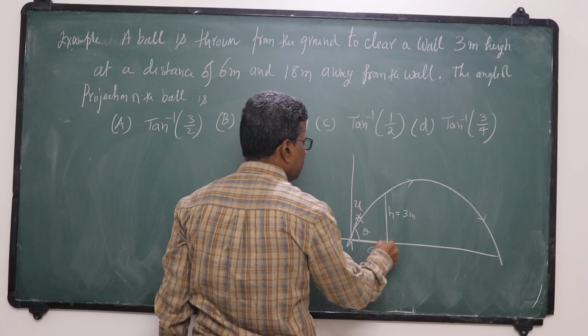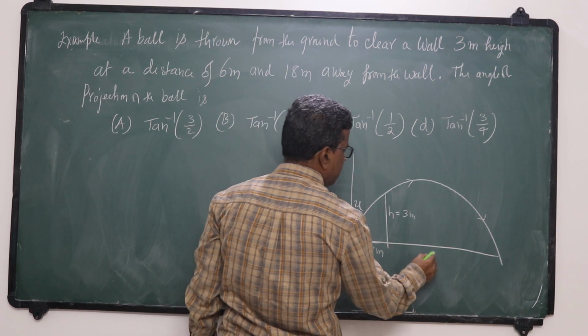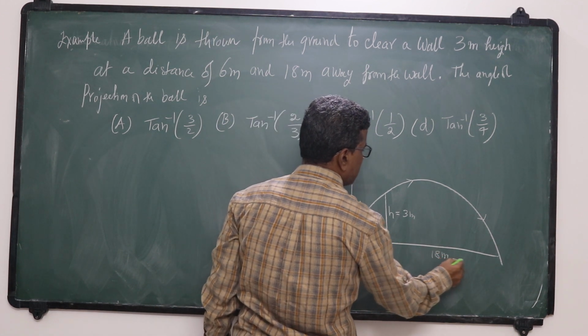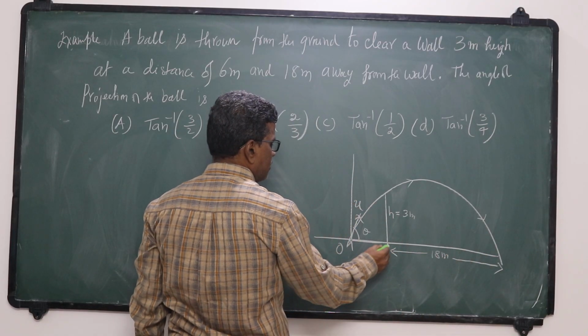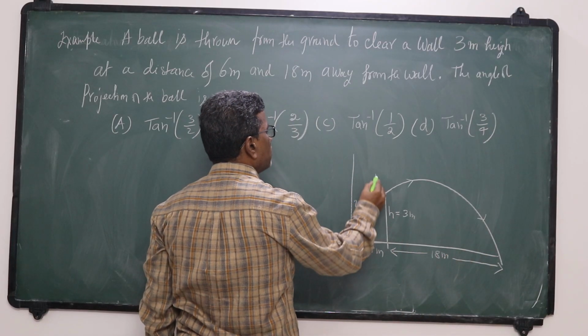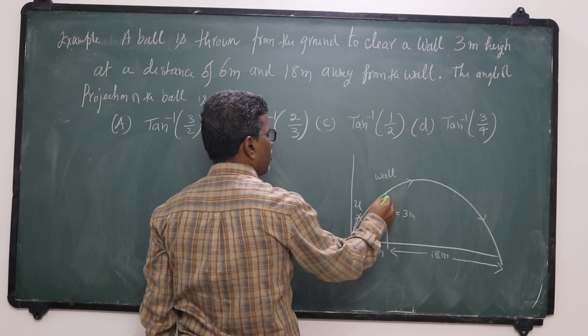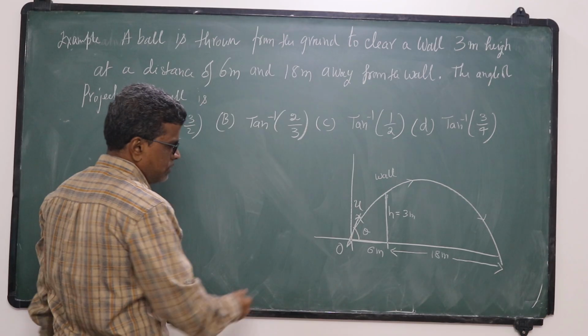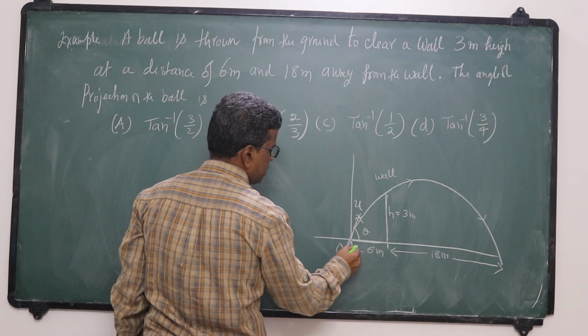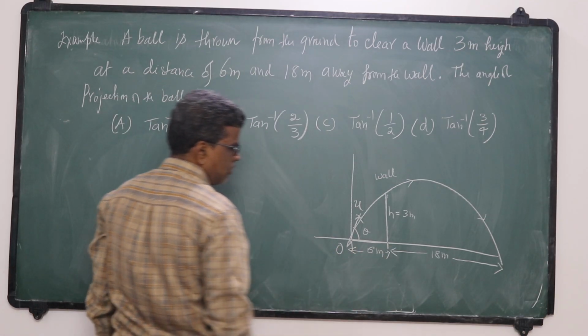So this is the wall, of height h, which is 6 meters from the point of projection.